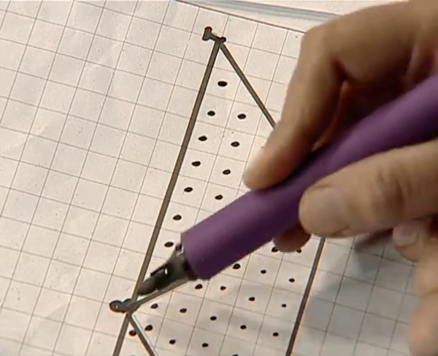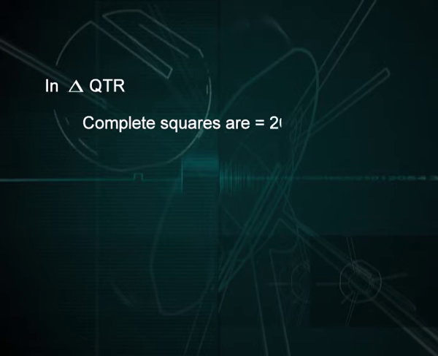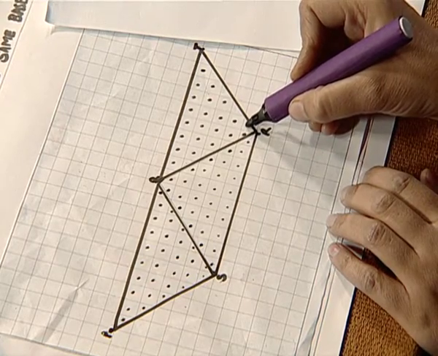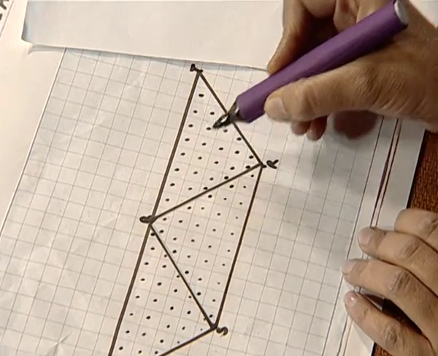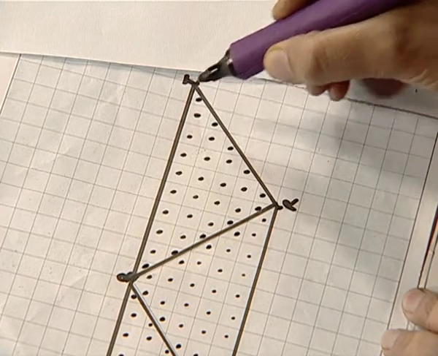In this triangle also we find the number of complete squares is 20, which is equal to 20 centimeter square, and the number of half squares are 1, 2, 3, 4, 5, 6, 7, 8, 9, 10.